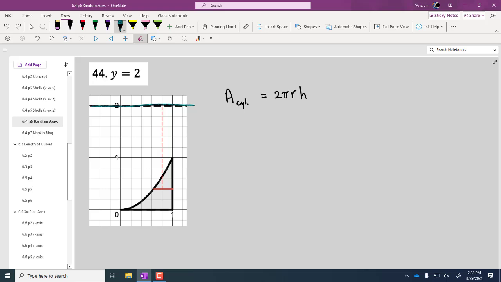So we're going to have a dy, which means the r and the h need to be turned into y's. They have to be written as functions of y. Let's label stuff. So our height is sideways now. It's that distance between those two curves. The radius is vertical. It's the distance from the axis of rotation down to the element.